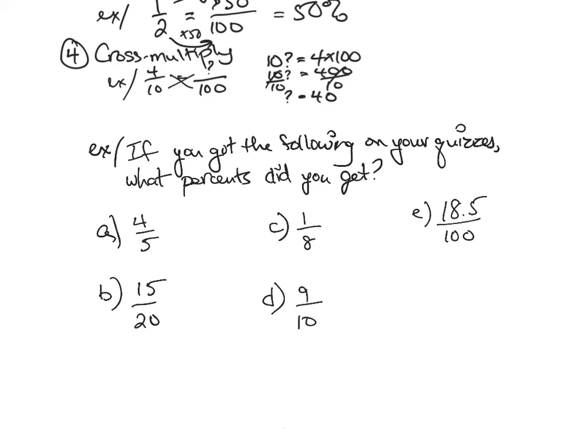So let's try 4/5. 4/5, if I want to put it on 100, what did I do here? I multiply by 20. What do I do here? I multiply by 20. So this is 80, which means it's 80%.